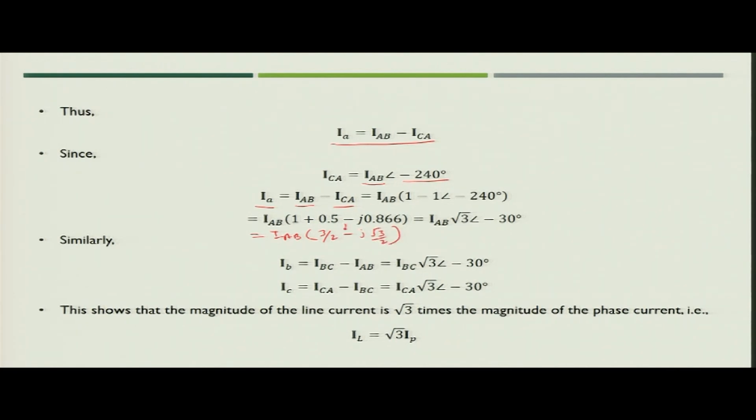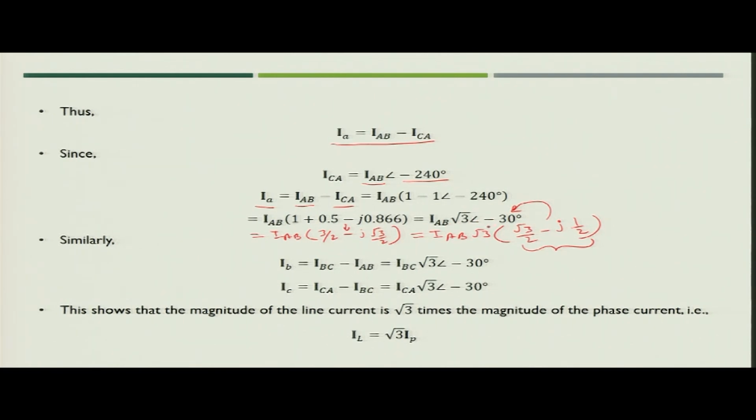So, this is what the actual expression is. If you take root 3 out, this will become IAB into root 3, then root 3 by 2 minus j 1 by 2. This is again the angle corresponding to minus 30 degree. So, you get IA is nothing but IAB root 3 angle minus 30 degree.